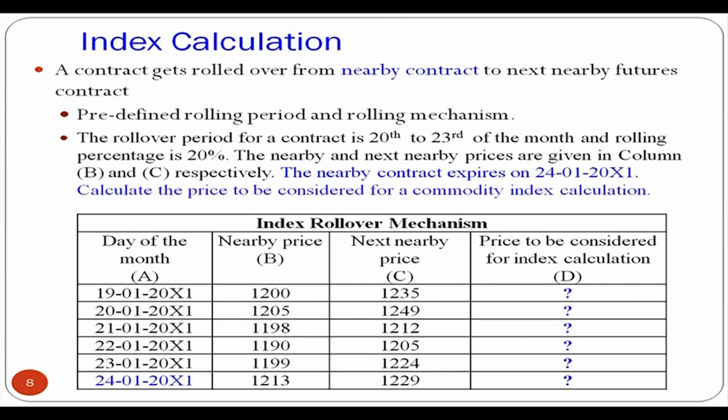For calculation of the index, before the maturity of a particular underlying futures contract, the price considered shifts from the nearby futures price to the next nearby futures price based on a standard rolling mechanism. In the next session we will be discussing in detail how this index rollover mechanism happens with an example. And let me summarize what we discussed today.